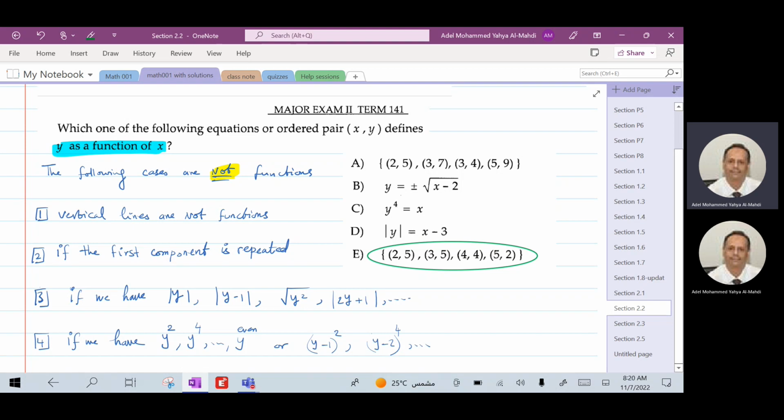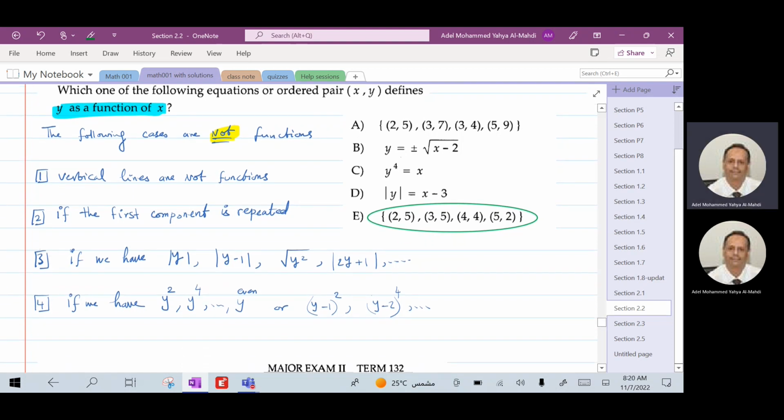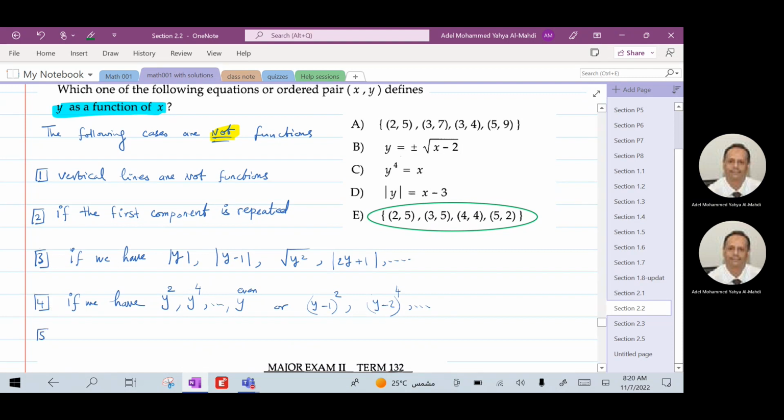So here we have vertical lines, and first component repeated. Number 5, when you have y equals plus minus something, it is the same as absolute value of x. So those are not functions.